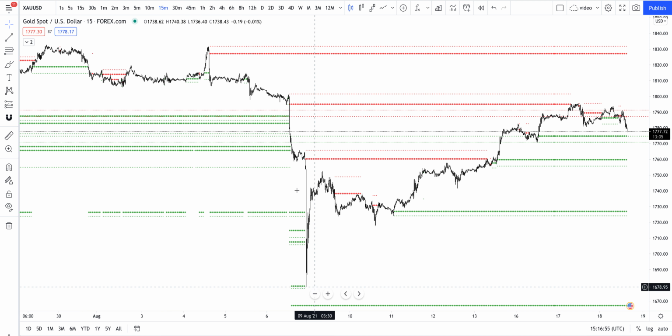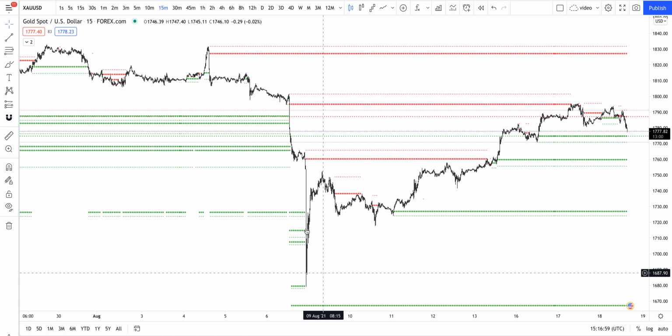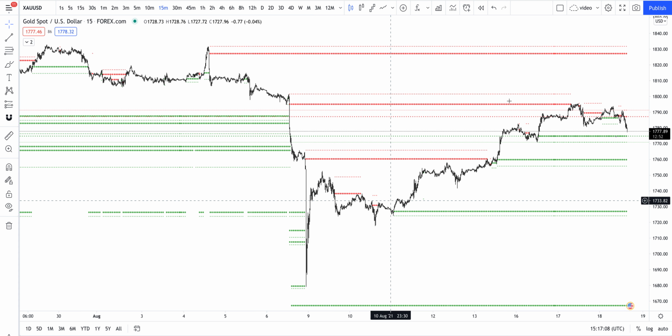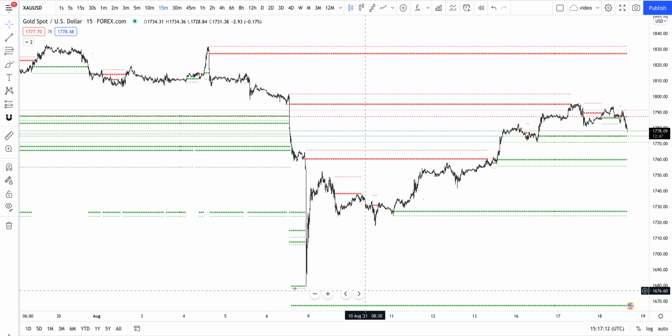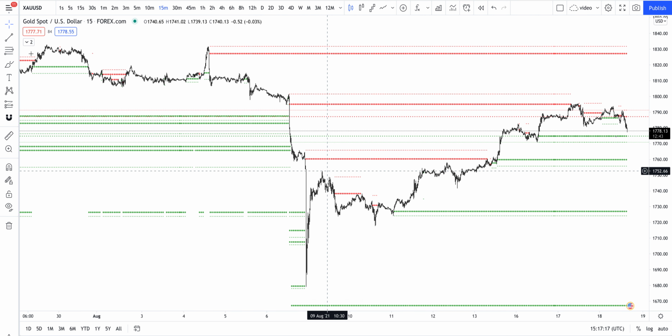Okay. So in this case, especially in this V-sharp recovery, you can expect the price to start hitting all the supply above. So in this case, stop loss below the wick, as you can see here.